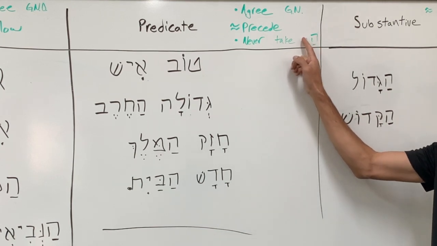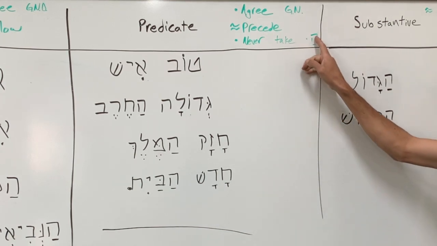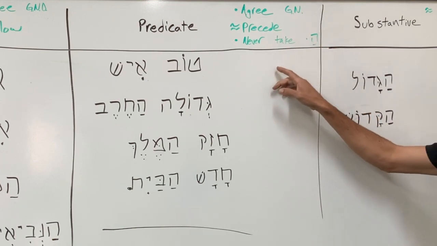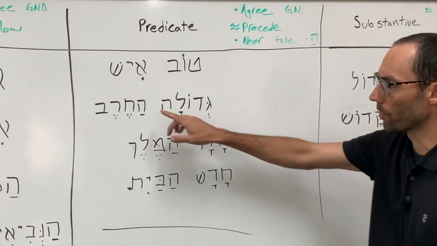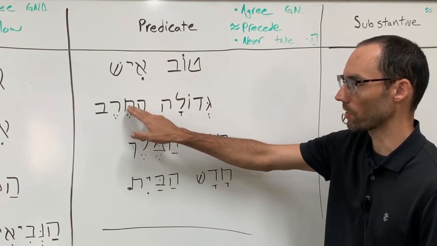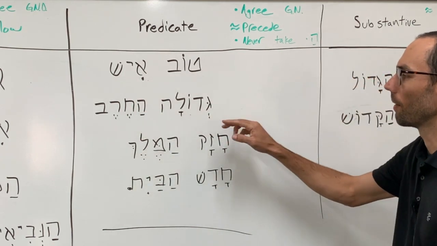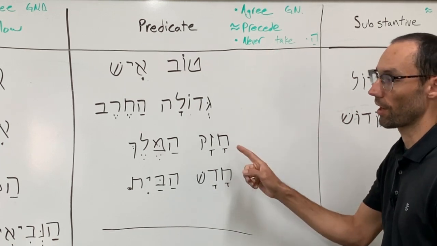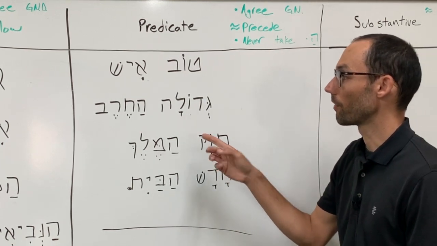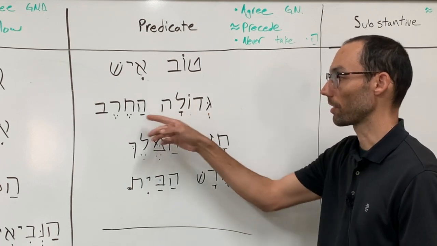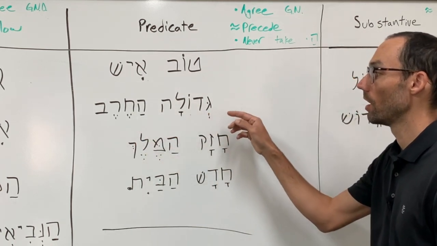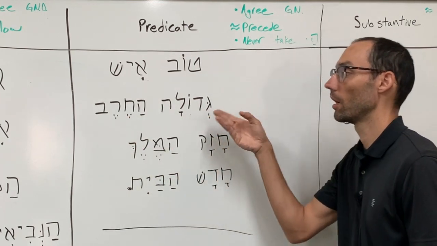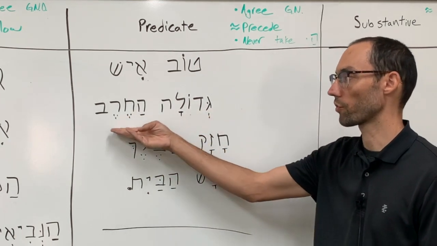Hey patach doubling dot is the definite article. It's a hey patach and then a doubling dot in the next letter. So now, of course, in this case, there's no doubling dot because this is a guttural letter. But what's important here is that it only agrees in gender and number. And in this case, gender, because cherev is feminine. So, gedolah hacherev. Great is the sword.